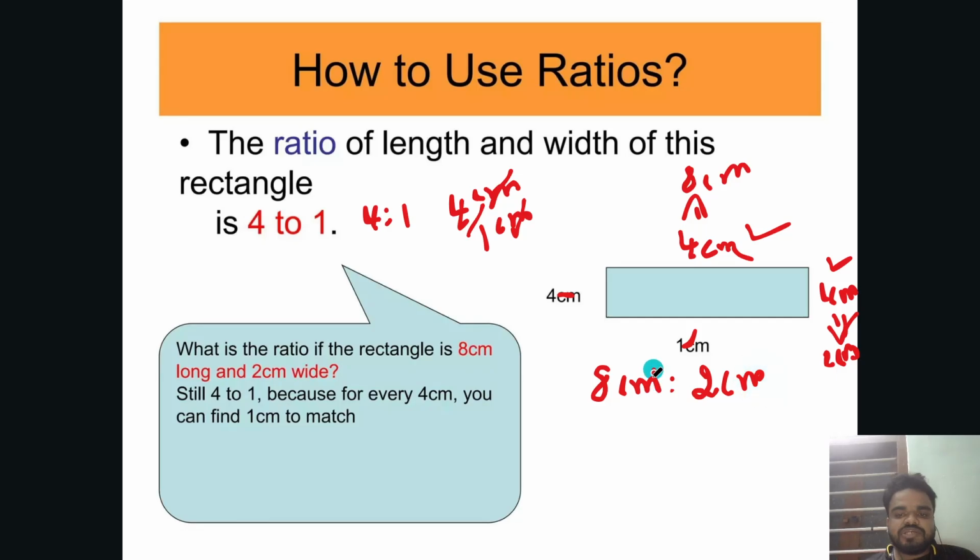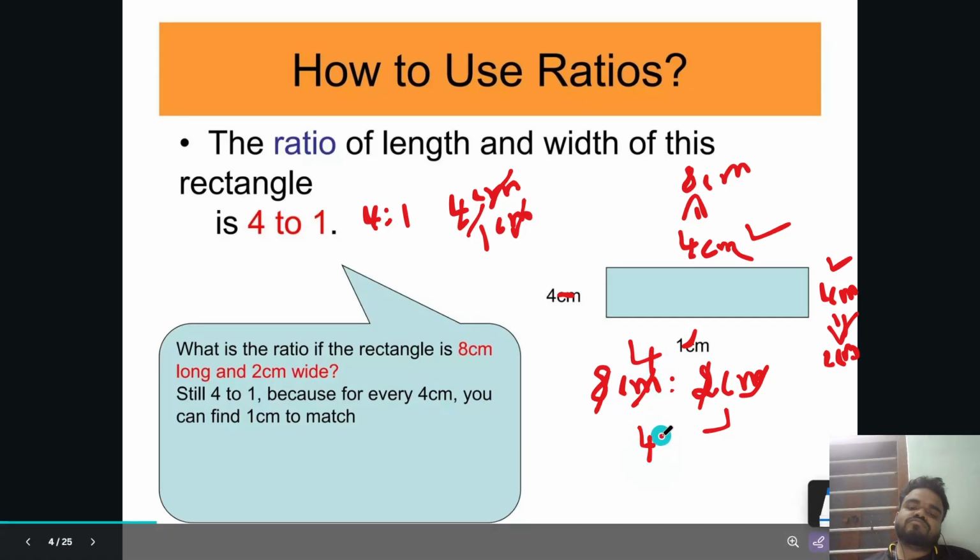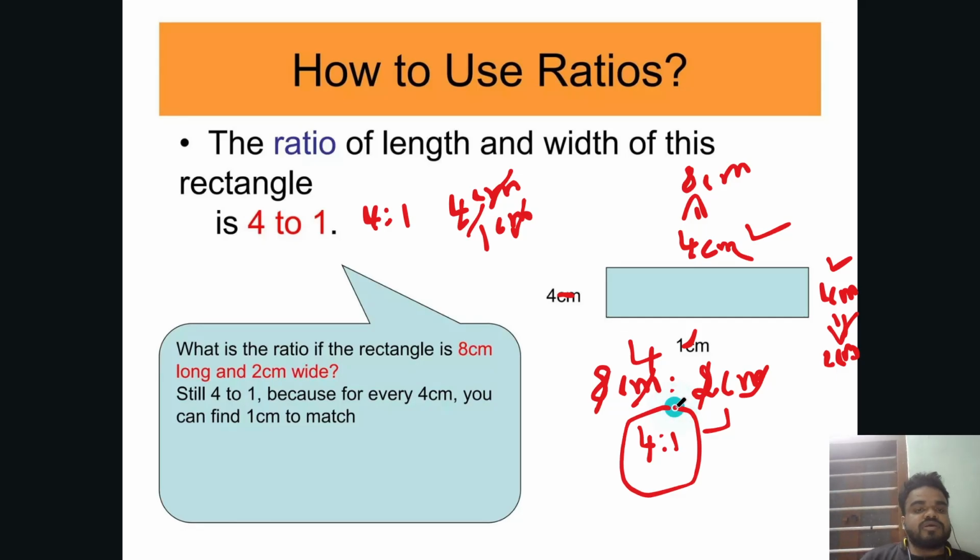You can see centimeter will get cancelled. 2 ones are 2, 2 fours are 8, so 4 is to 1. Got it? Even though the numbers are getting bigger, the ratio of length and width is the same. Because it is increasing in the same proportion. Let's learn proportion first, then you'll get to know this.